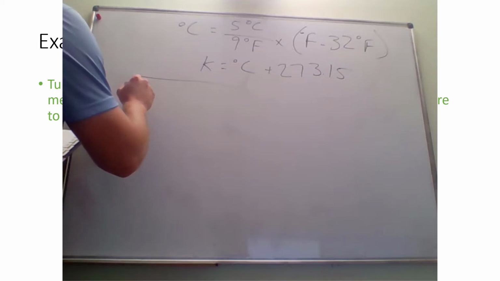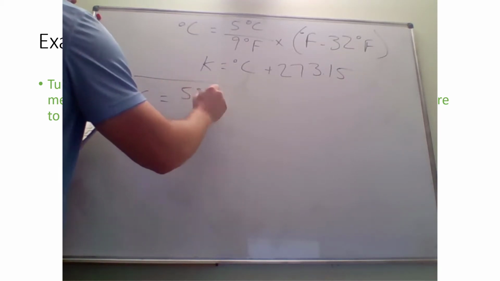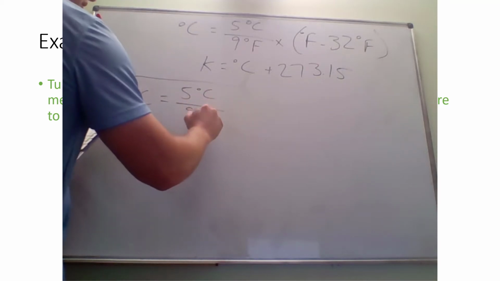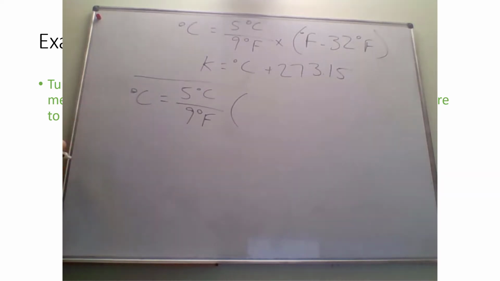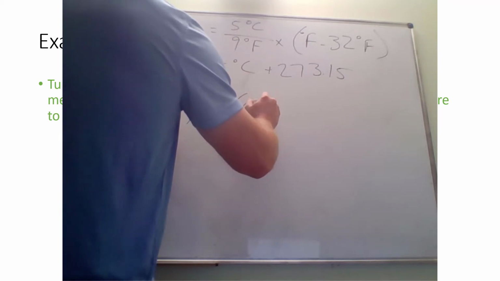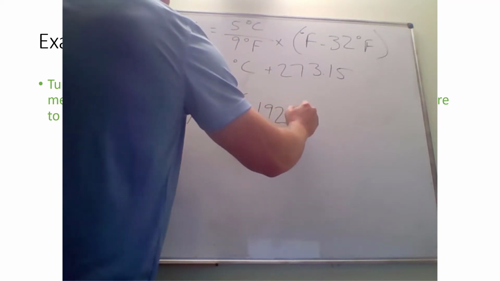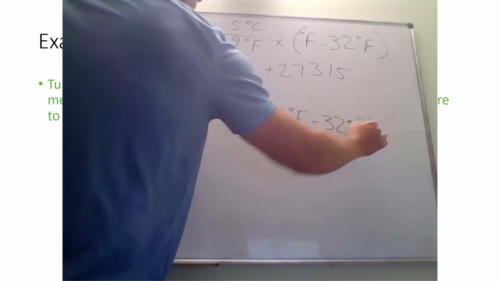Our temperature in degrees Celsius will be equal to 5 degrees Celsius over 9 degrees Fahrenheit times, open parenthesis, our temperature in Fahrenheit, which is 6,192 degrees Fahrenheit, minus 32 degrees Fahrenheit.